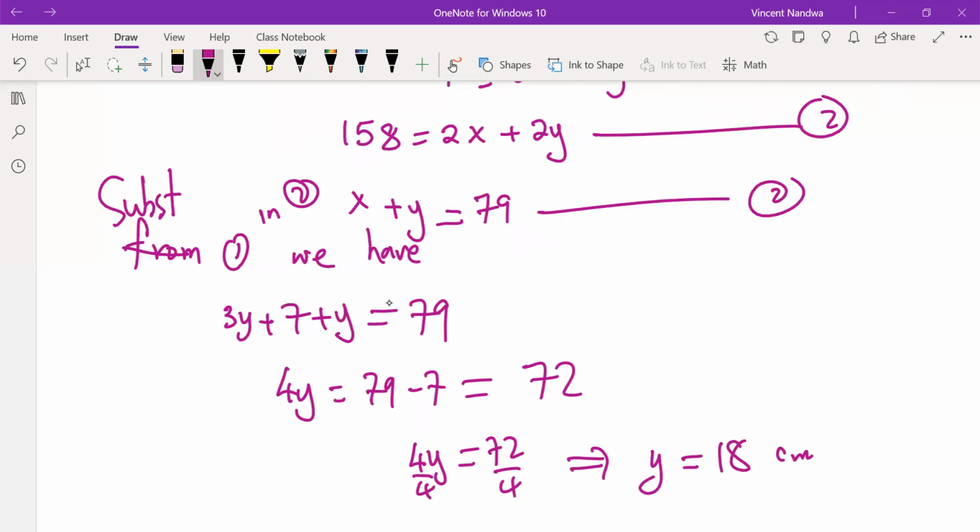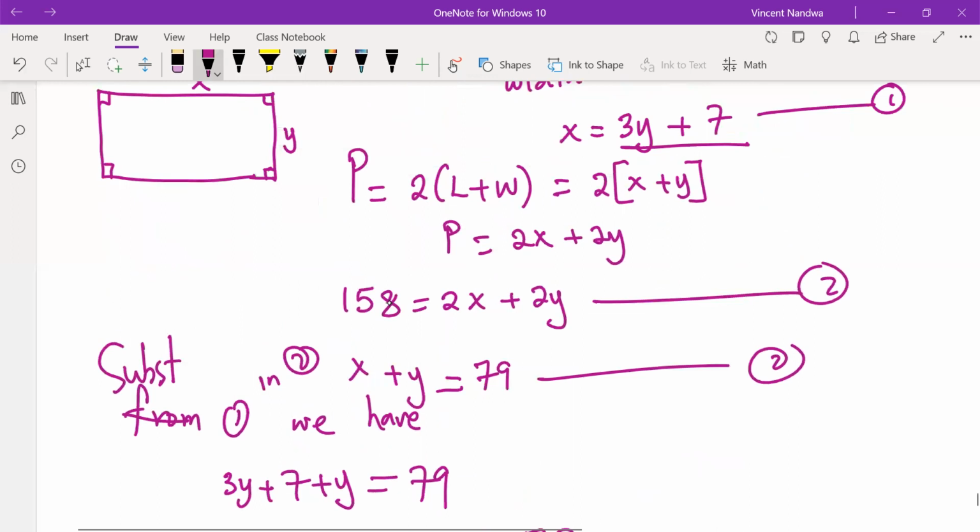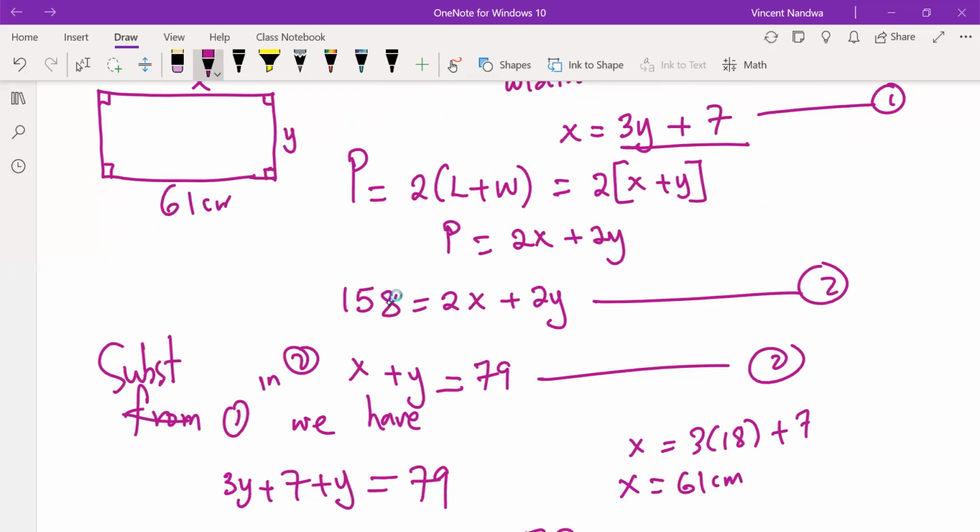So which means from equation 1, X is 3 times 18 plus 7. So that will give us 61. So X equals to 61 centimeters. So this is 61 centimeters.